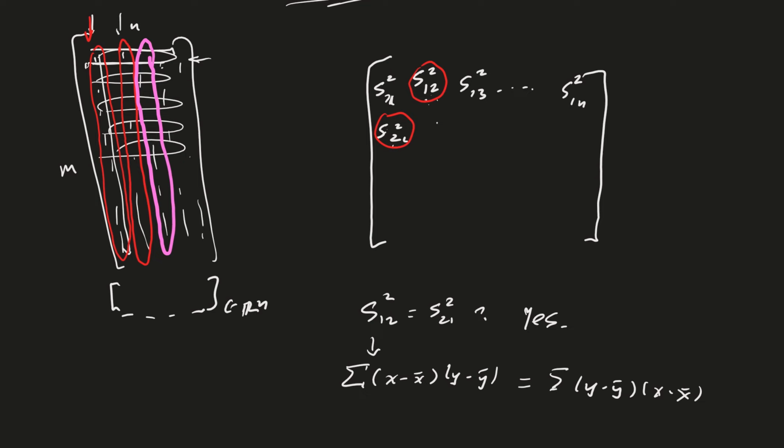Good. And then I could compute S22 squared. That's the variance of the second one. And along the diagonal, I would just have the variance of each column. Then the off diagonals, I would have the covariance between column i and column j, right? And so this matrix right here is an n by n and symmetric matrix.